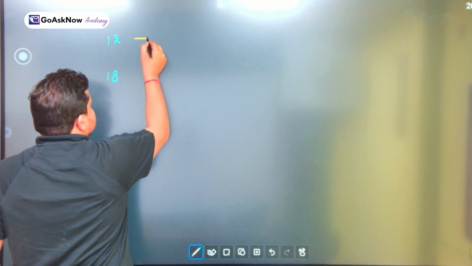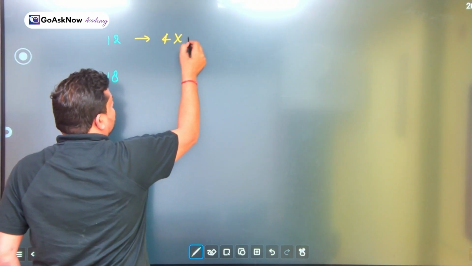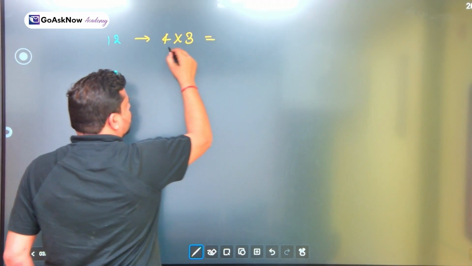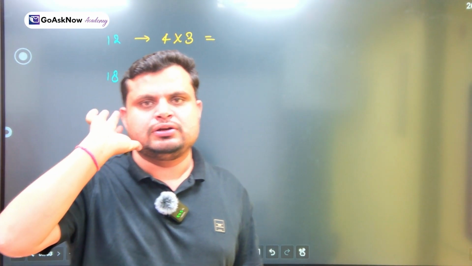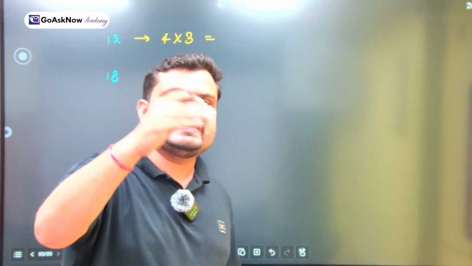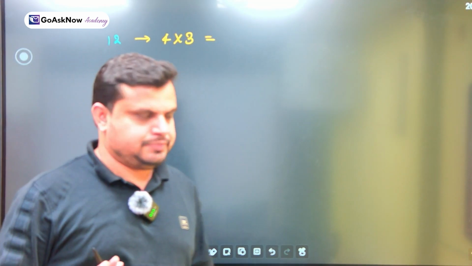As we know, we can prime factorize this. Let us see, we can write 12 as 4 into 3. Break down the number as simply as you can, and then break it until you reach the prime factorization.